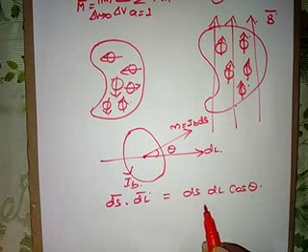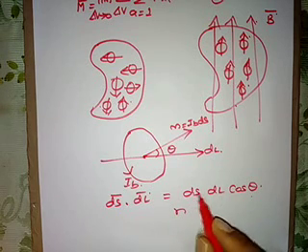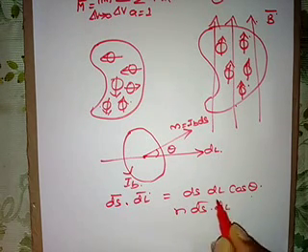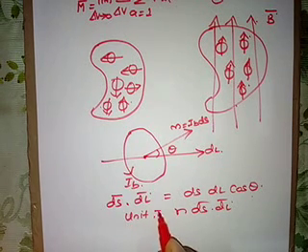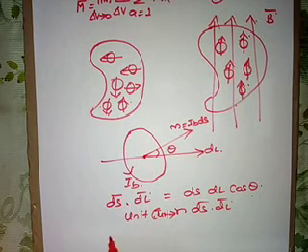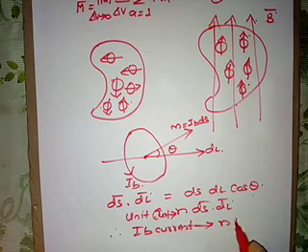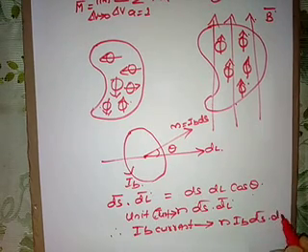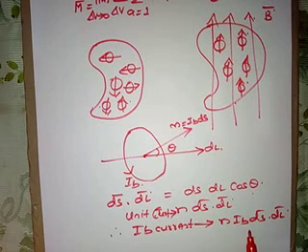Therefore, for unit current, it is n into ds bar dot dl bar, for n dipole moments. Therefore, for IB current, what will be the total current? It will be n into IB into ds bar dot dl bar, right?